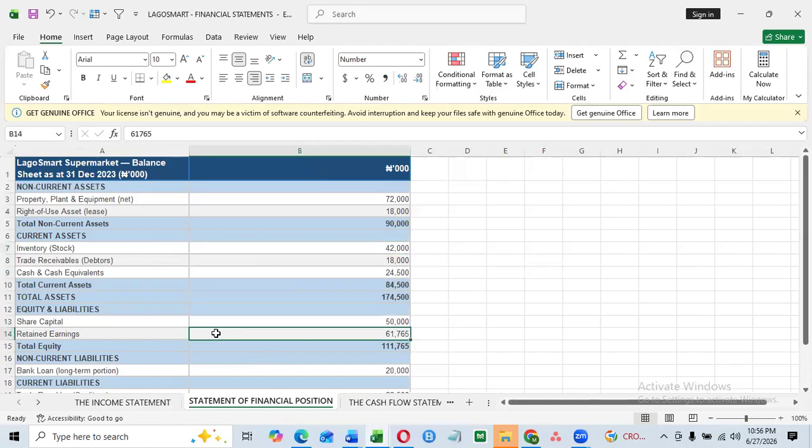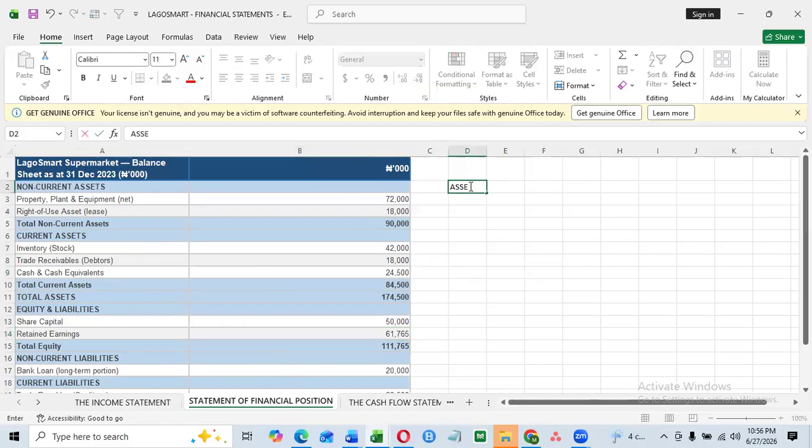Take note. Now, the balance sheet or the statement of financial position shows what a business owns. So what a business owns is what we call assets. And this is the statement that shows it. And it also shows what a business owes. Remember, assets are what the business owns, OWNS.